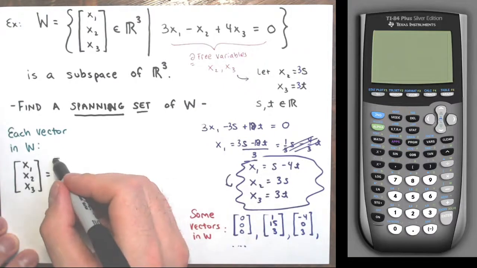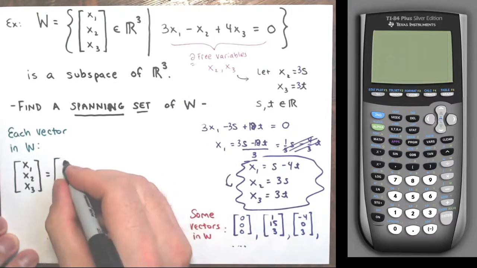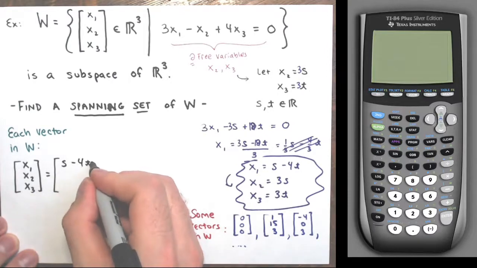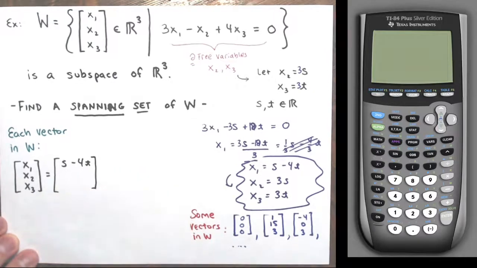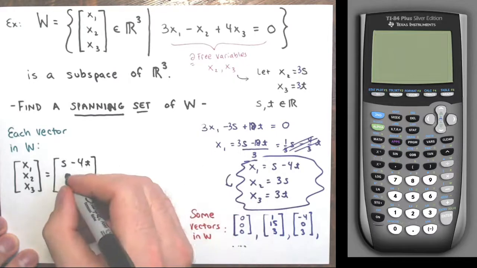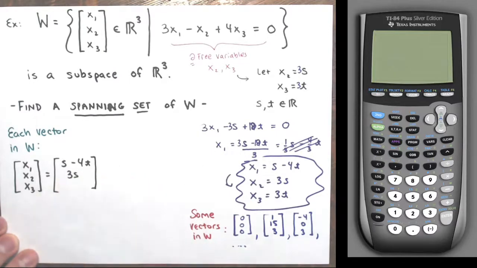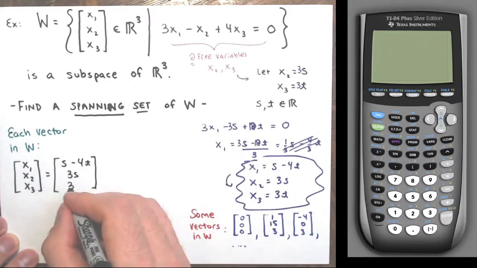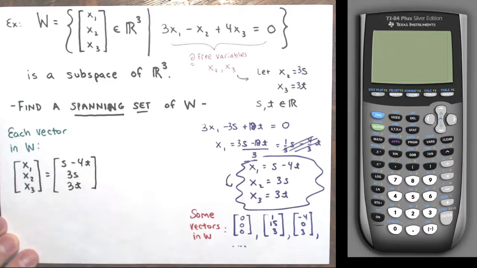So x1 would be equal to s minus 4t, where s and t are any real number I want. x2 would be 3s, where s is again any real number I want. It's the same s as that one. And x3 is 3 times t, the choice of t I make up there. And I showed you when I let them both be 0, I got 0, 0, 0, and so on. I can let s and t be anything and get all sorts of vectors in W. So every single vector in W looks like this, has this form.